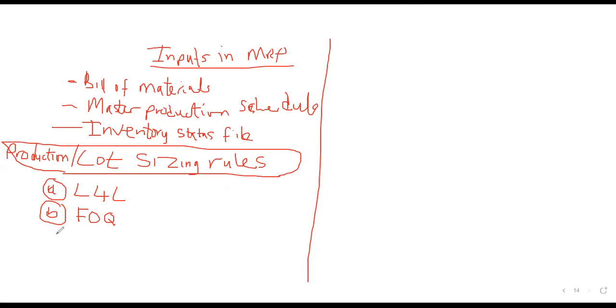So the third one is period order quantity.